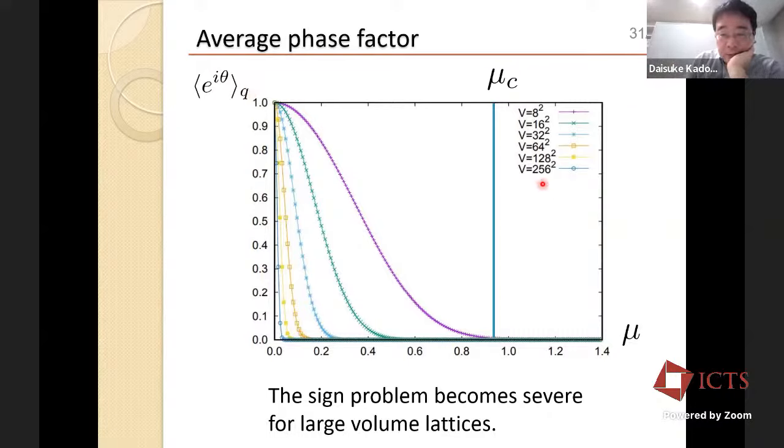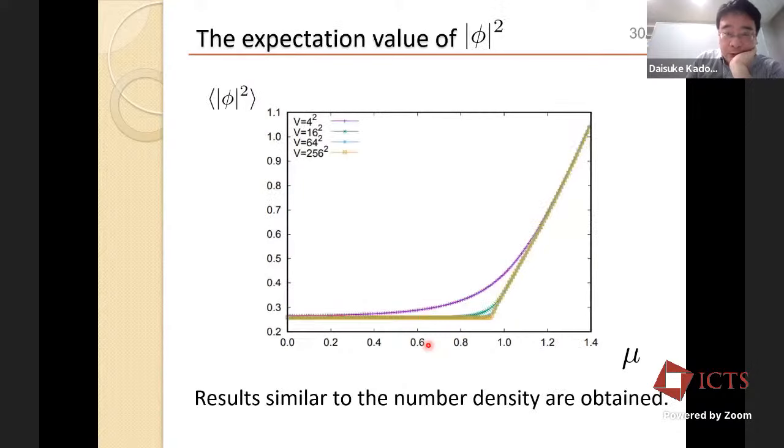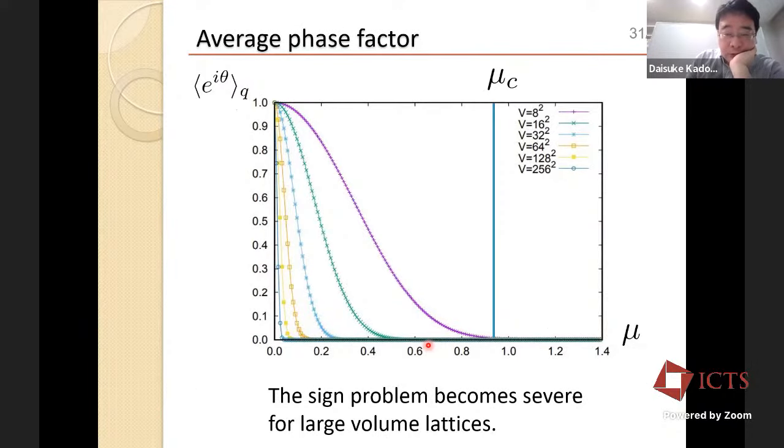So for large volumes, the average phase factor is mostly 0. But the Silver Blaze phenomenon is clearly observed by the TRG method. So I think the TRG method properly works for the theory with severe sign problem.